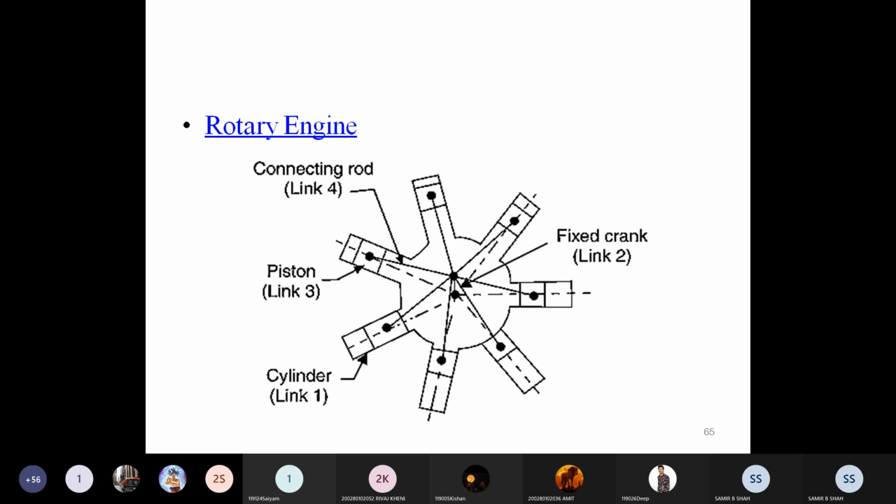Link 2 is fixed, link 1 is the cylinder. It consists of 7 to 9 cylinders. Wherever 7 to 9 cylinders are there, we prefer to use the rotary engine mechanism.